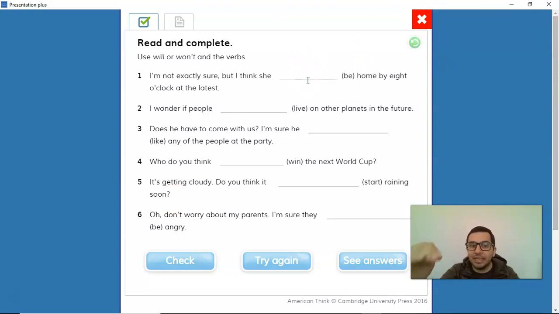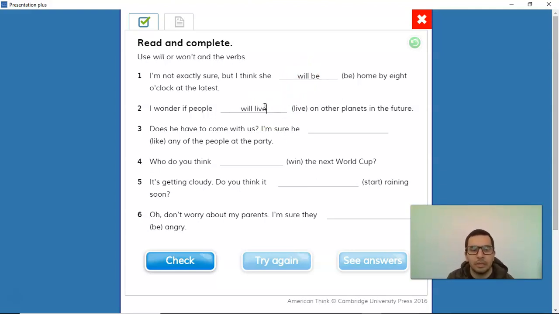There is a limit, 8 o'clock. She will be home by 8 o'clock at the latest. Number 2, I wonder if people blank live on other planets in the future. Alright, will live.